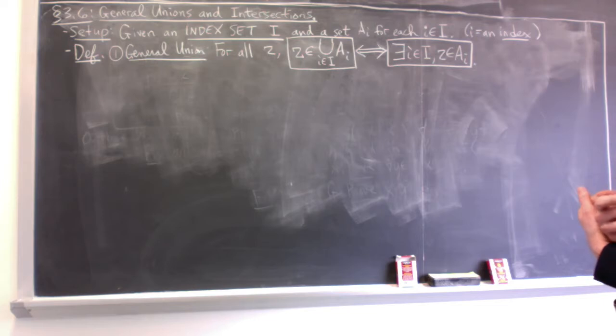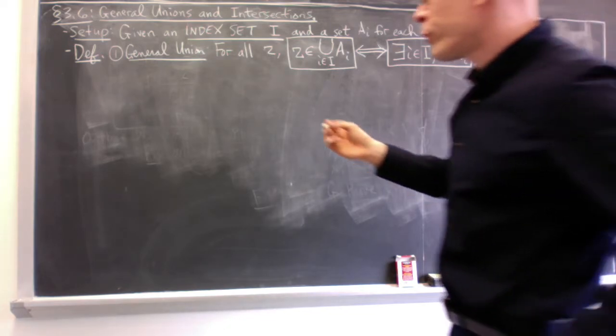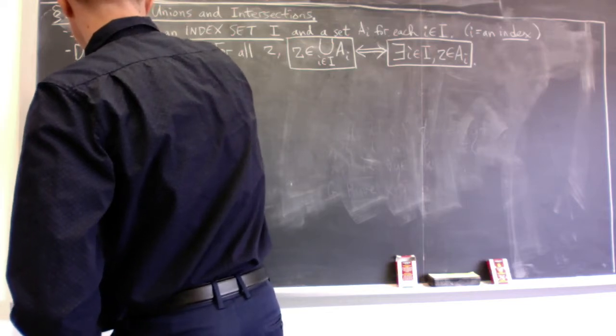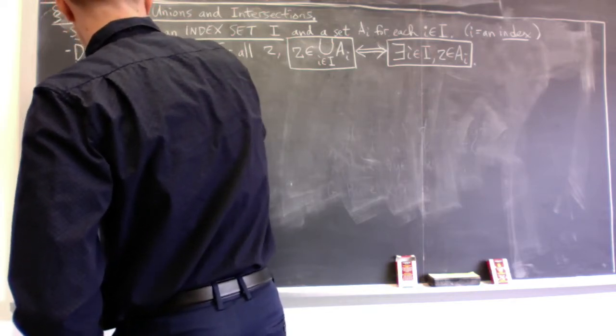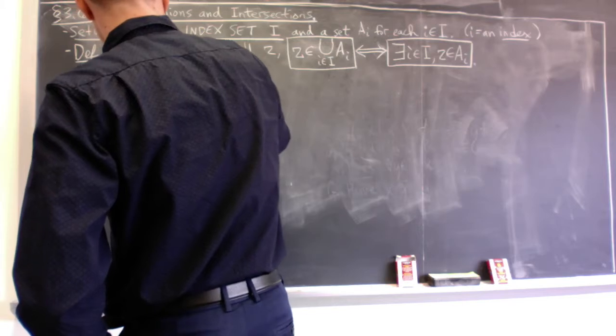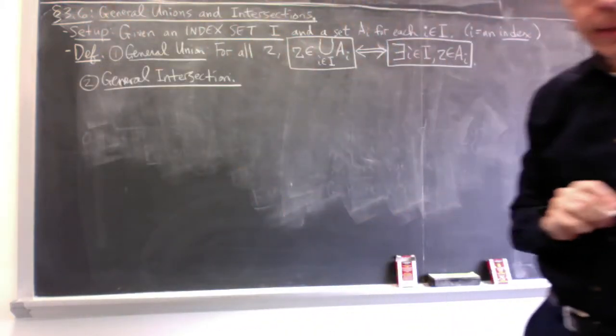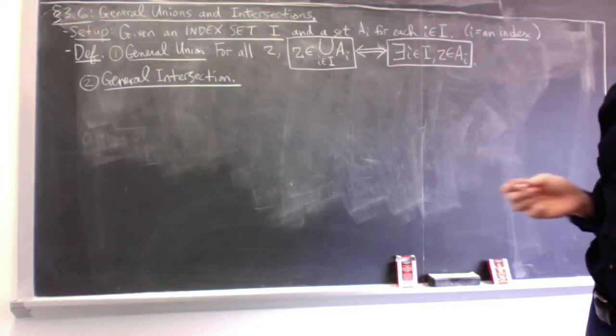And then we can do something similar for general intersection. And here the idea is that to be in the intersection, you have to be in all of the individual sets.